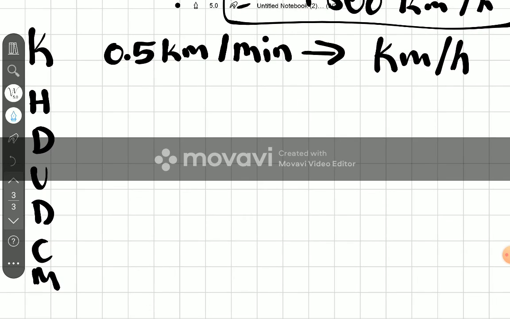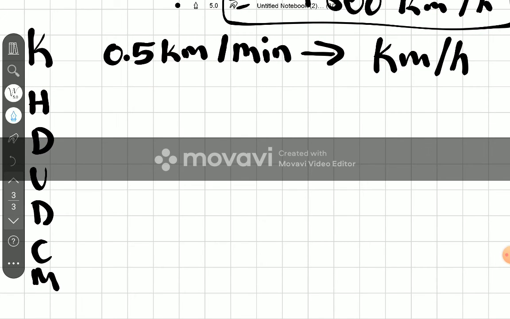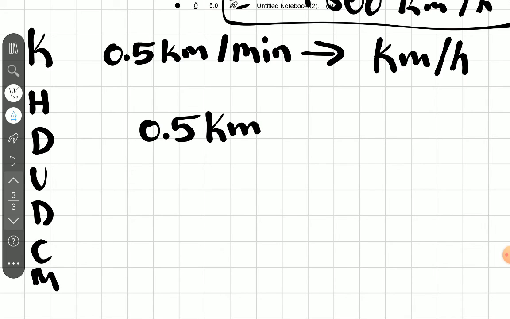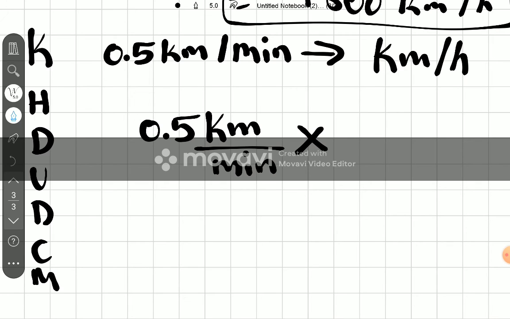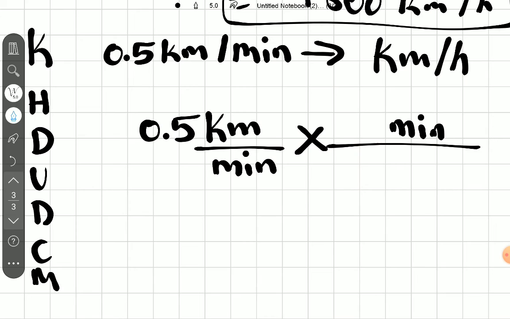Okay, so what we're first going to do is write down what we know. So 0.5 kilometers per minute. And we're going to multiply that. Basically we don't want to get rid of the kilometers, so we're going to do nothing with that. We want to convert the minutes to hours. So we need to cancel minutes out over here, and the bottom is what we need, which is hours.